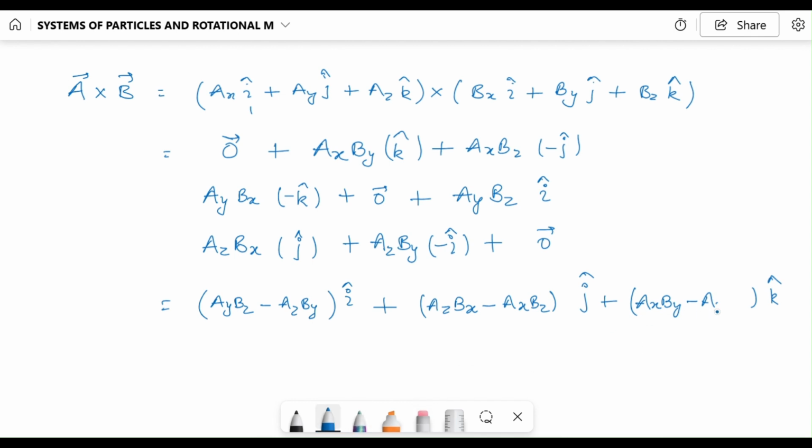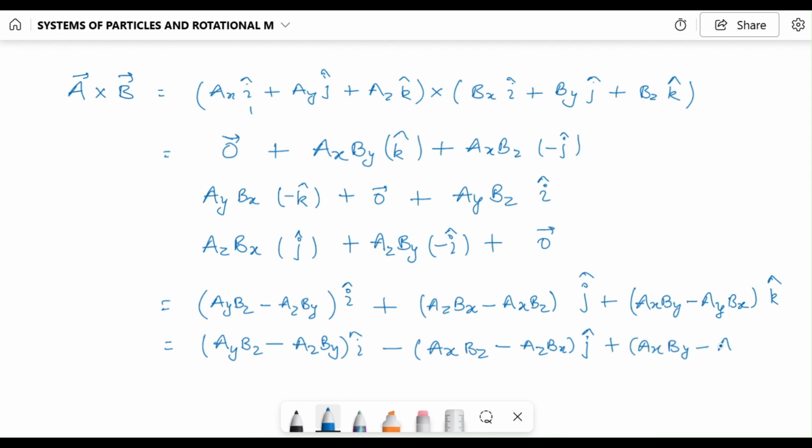Let me write it in a proper format: az by i cap, let me write it with a minus here. Then it will be ax bz minus az bx. Soon you will come to know why I have written this negative sign here. And then we will have ax by minus ay bx k cap.